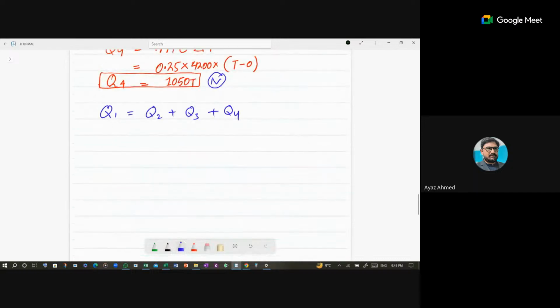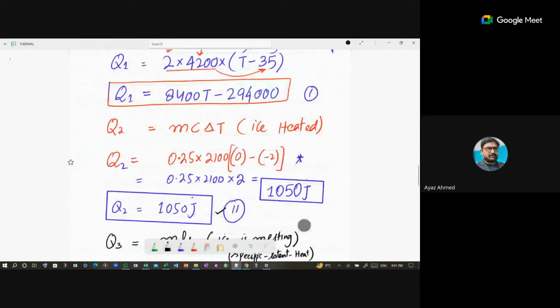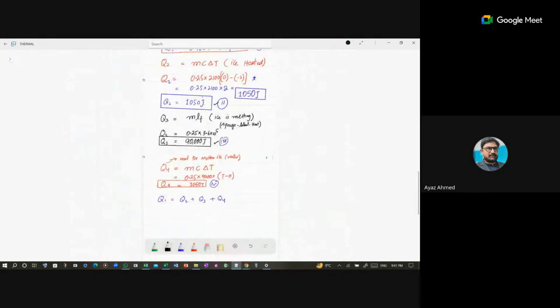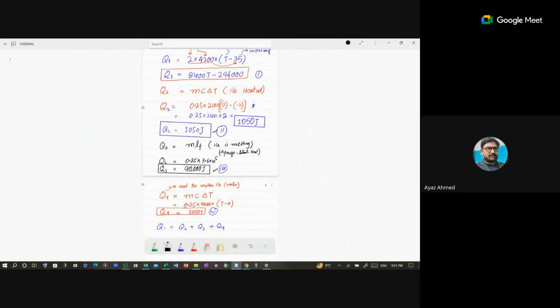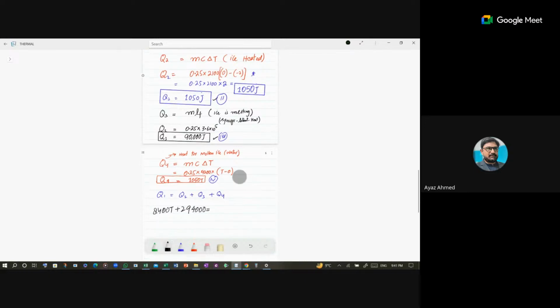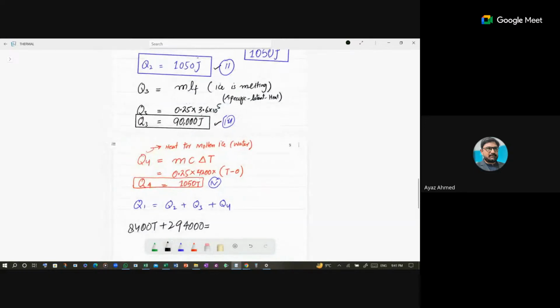So yes, I have a space on that page. What was Q1? It was 8400T plus 8400T plus 294000. 8400T plus 294000 is your Q1. What is Q2? Minus 1050 joule.